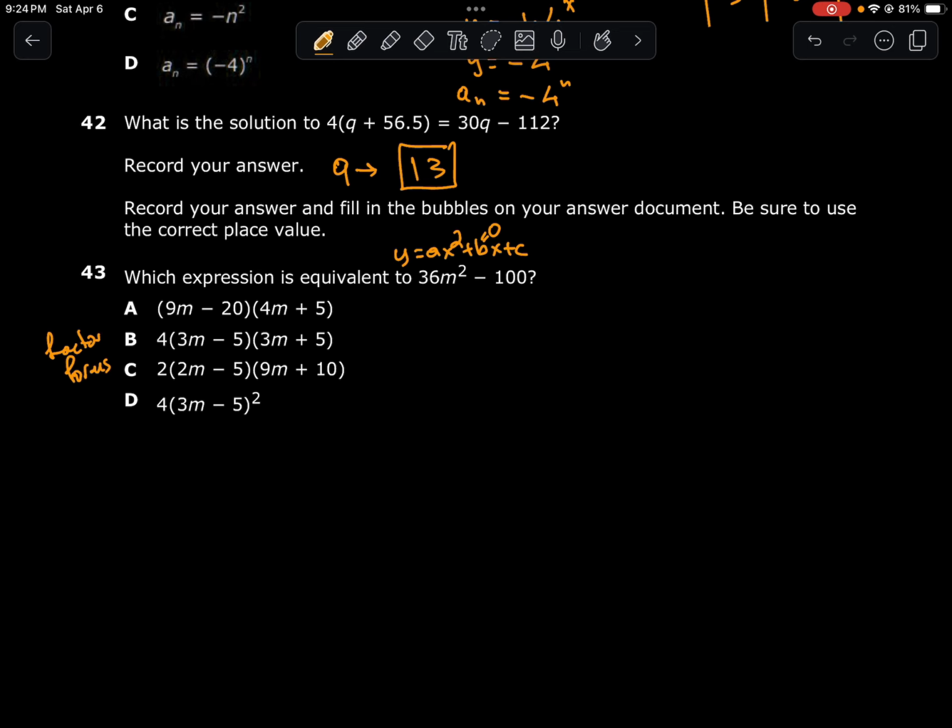So I'm going to put it on the graphing calculator, and I'll see which two equations have the same graph. Now, why would they have the same graph? Because equivalent functions need to have everything the same, including the graph.